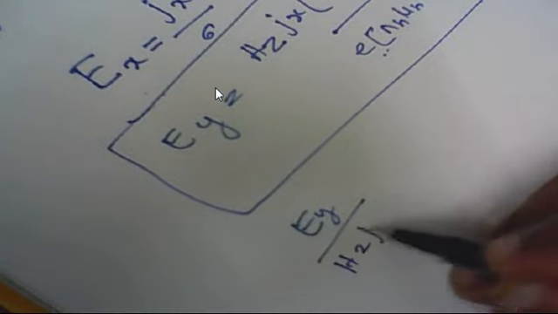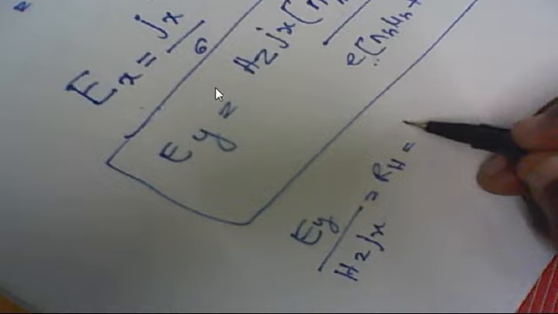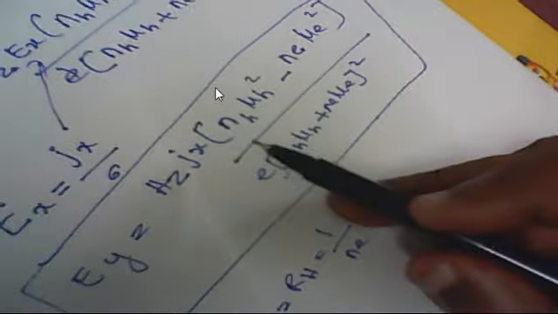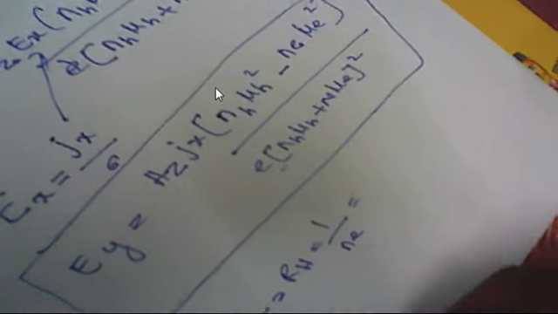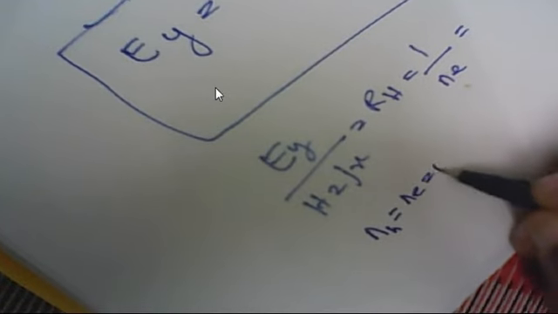So we know that Ey by Hz into Jx is equal to the Hall coefficient, and that is equal to 1 over Ne. We can rewrite this expression, as we already know that N_H is equal to N_e, which is equal to Ni in the case of an intrinsic semiconductor.